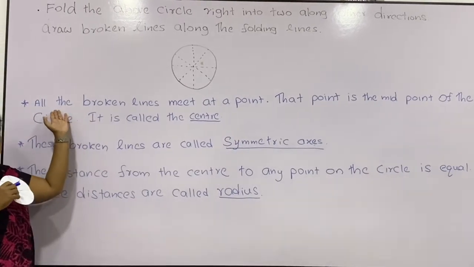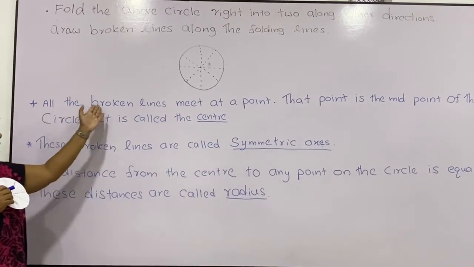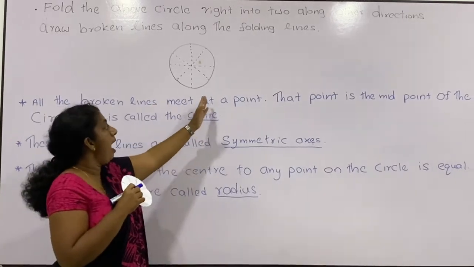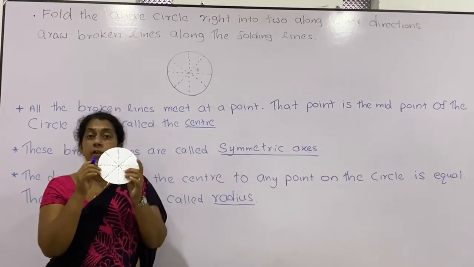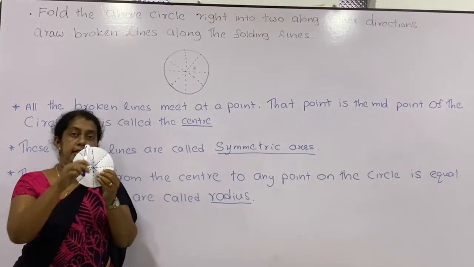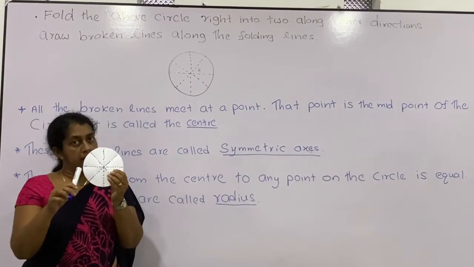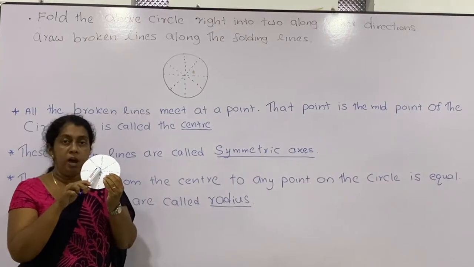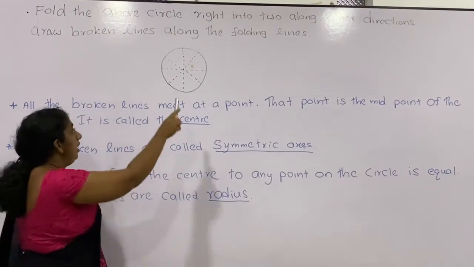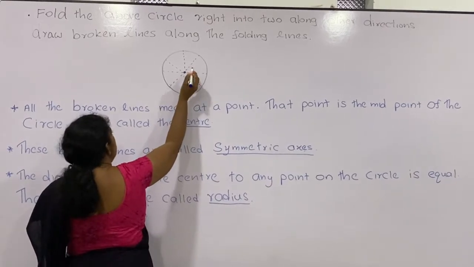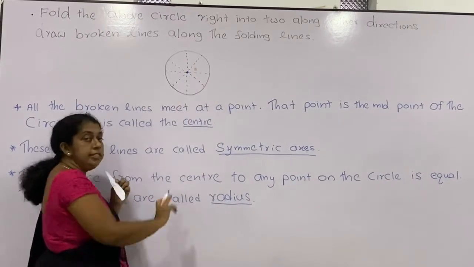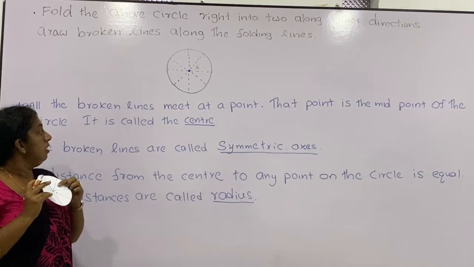Right. Now we are going to discuss what features we must know about this circle. Okay. Look at the first one. All the broken lines meet at a point. If you have your figure with you, you can see all the broken lines meet at a point. Right? Now here it is. You can see this is the point where all the broken lines meet. Right?